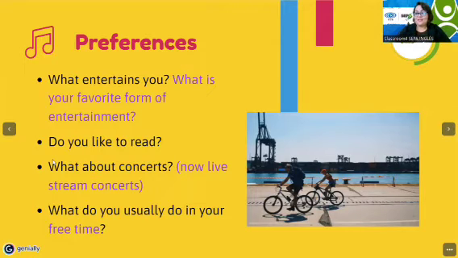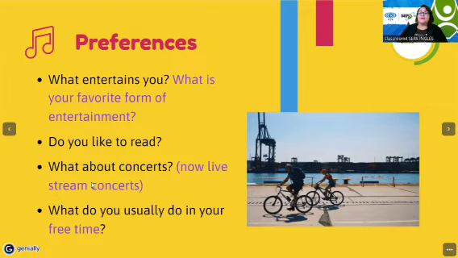They are on Facebook, Messenger, Instagram, TikTok. That is a kind of entertainment too. Maybe you don't watch a lot of TV, but you are on TikTok sometimes, maybe.